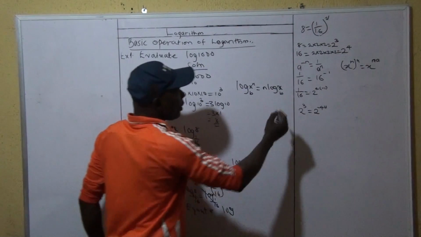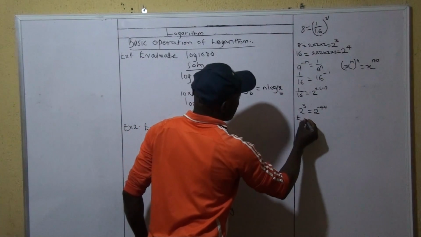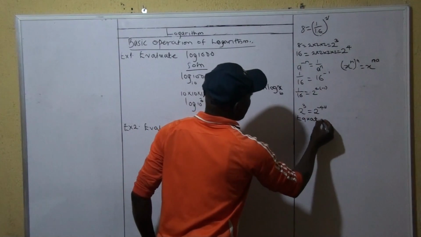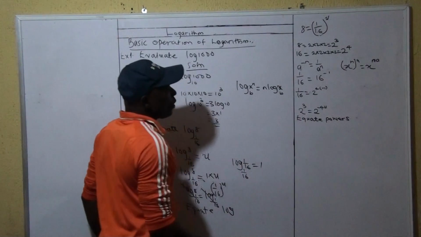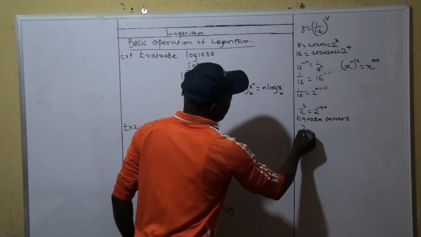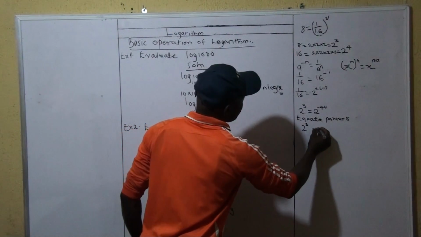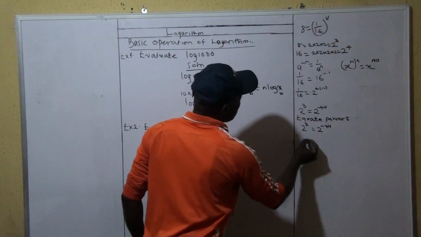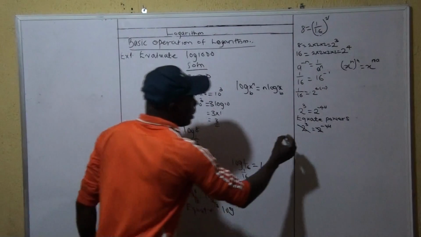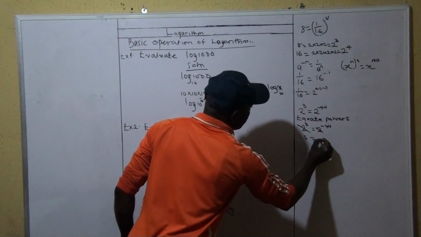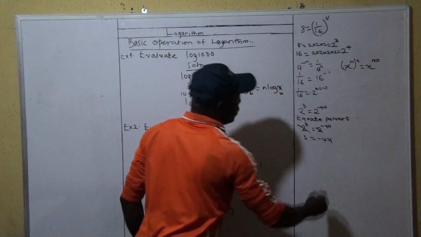Okay. Now what we need to do here, we can as well say equate powers. So by equating powers, if we have 2 raised to power 3 is equals to 2 raised to power minus 4u, this will go with this. And 3 is equals to minus 4u.